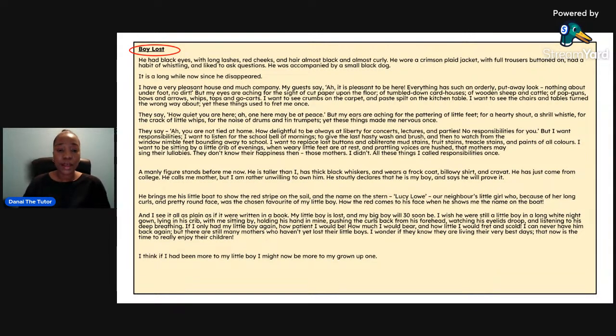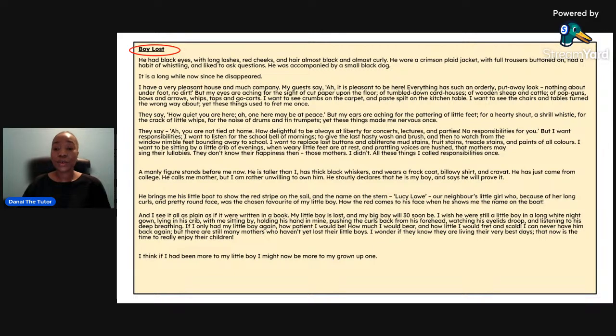Right, we'll carry on. A manly figure stands before me now. He is taller than I, has thick black whiskers, and wears a frock coat, billowy shirt, and cravat. He has just come from college. He calls me mother, but I am rather unwilling to own him. He stoutly declares that he is my boy, and says he will prove it. He brings me his little boat to show the red stripe on the sail and the name on the stern, Lucy Lowe.